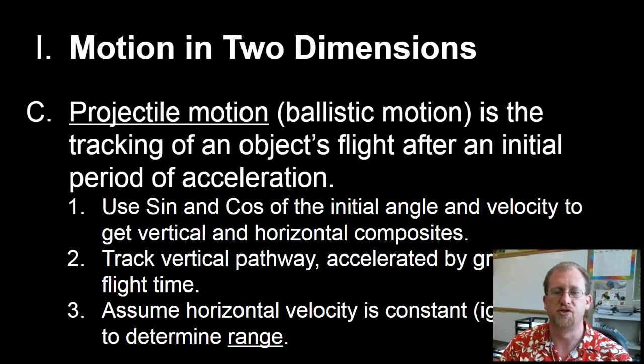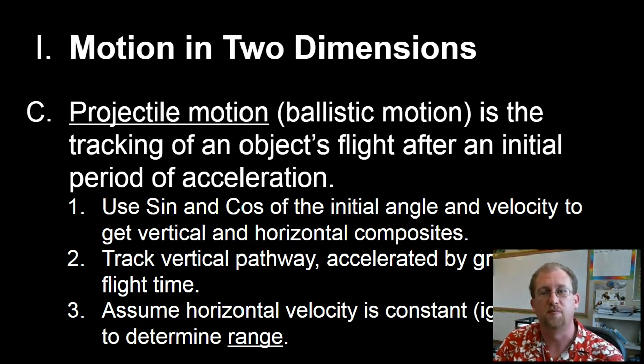Okay, so projectile motion, that is the simplest and most direct application of motion in 2 directions. You shoot something up in the air, and you want to know how long does it fly, how high did it go, how far across the ground does it go, things of that nature. And so ballistic motion is what we're going to be looking at here. So ballistic motion, we're tracking a projectile's flight, okay?